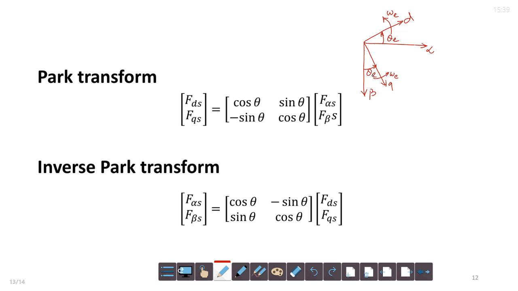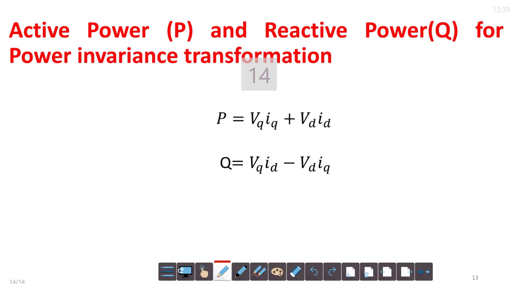In this power invariant transformation, the active power P is given by P is V q I q plus V d I d, and reactive power Q is V q I d minus V d I q.